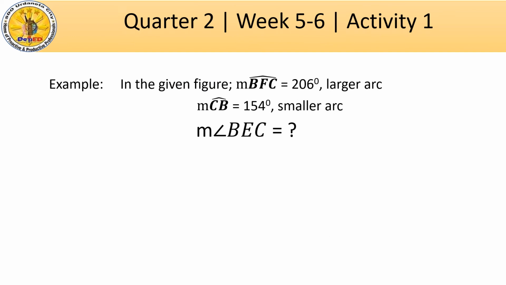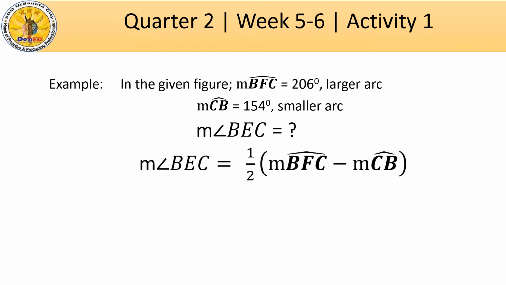Theorem number 2, if two tangents intersect in the exterior of a circle, the measure of the angle formed is 1/2 the positive difference of the measure of the intercepted arcs. Okay. So the measure of angle BEC is equal to 1/2 the positive difference of the larger arc and the smaller arc.